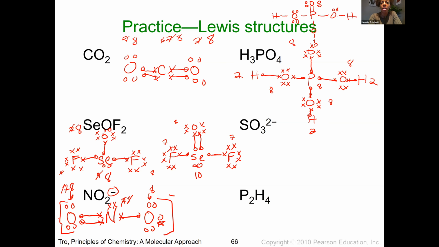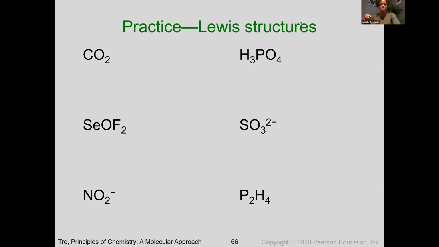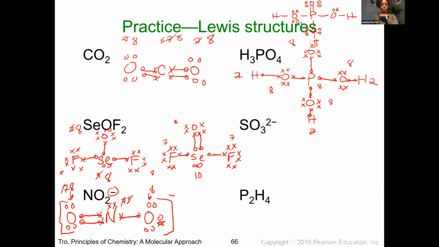But we know that is possible because of the fact that phosphorus is found in period 3 or lower.